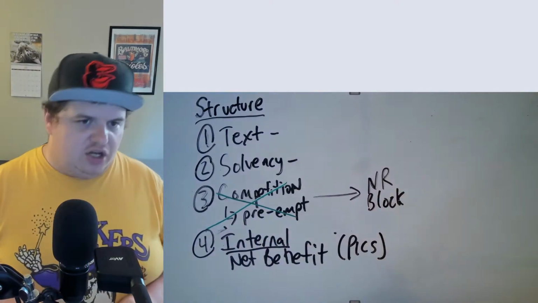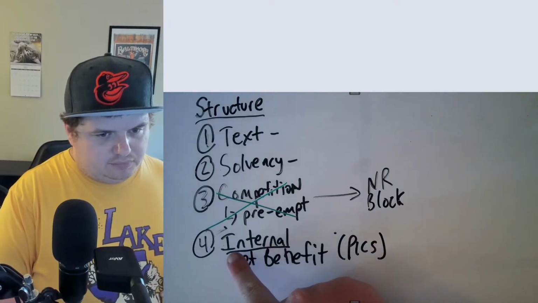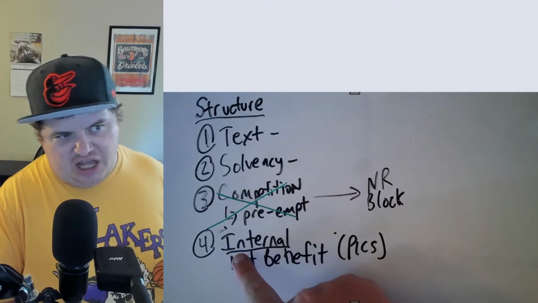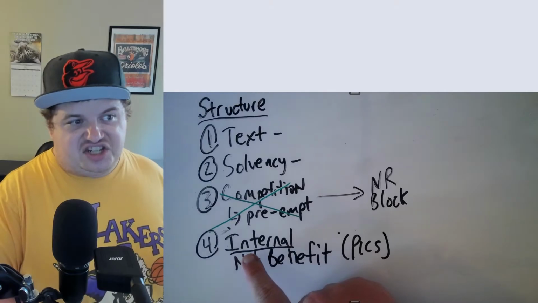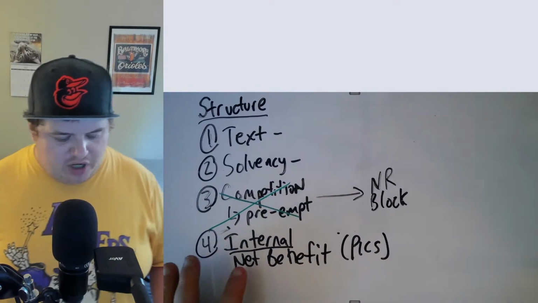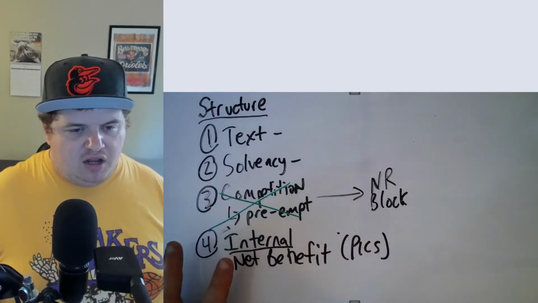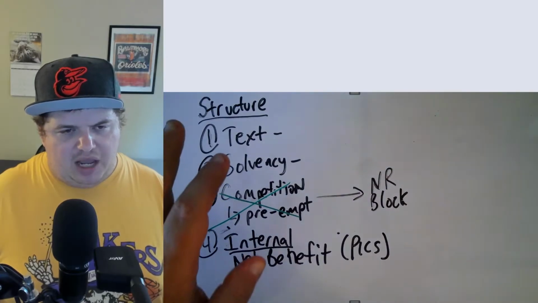What makes it internal? Just in life in general, what makes something internal? It's inside of something else. So we call that an internal net benefit because it's on the flow of the counterplan in the debate.